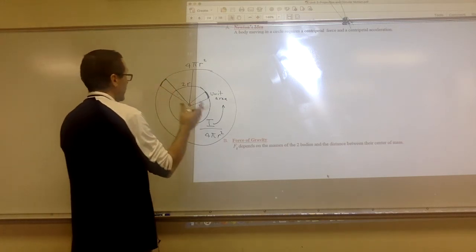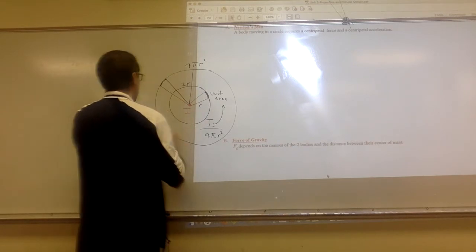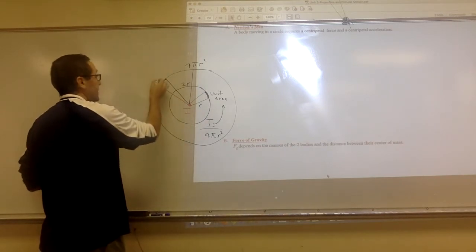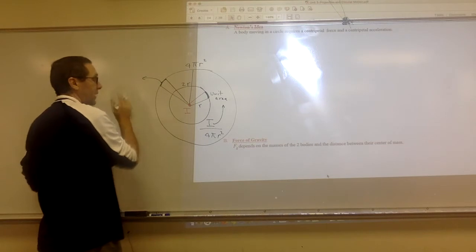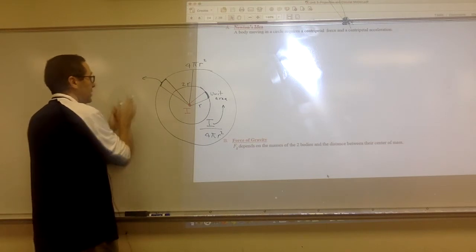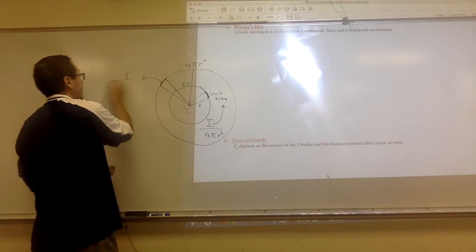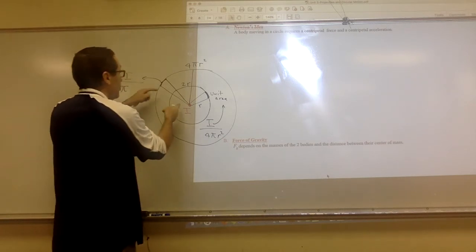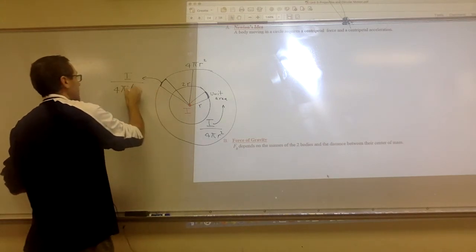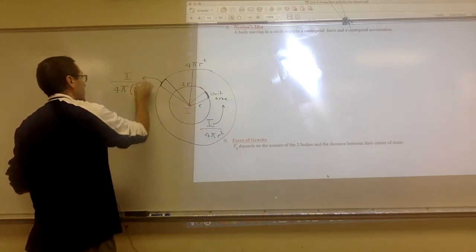A unit area, square inch or square centimeters, it doesn't matter. Now you can see that the amount of light that this area is getting per unit area should be just I over 4 pi, the new radius, which is 2r squared.